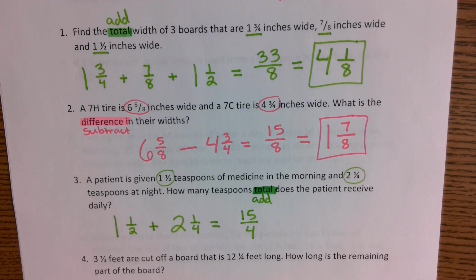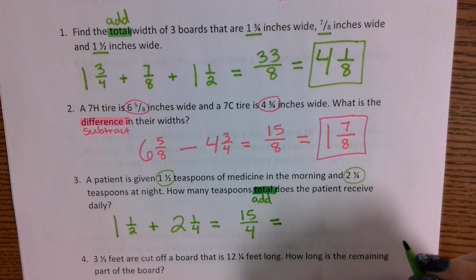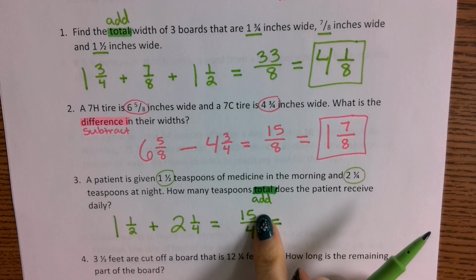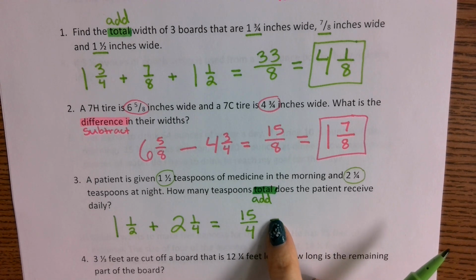All right, Asher, how many whole times can 4 go into 15? 4 times 5 is 20. It's okay, honey. It's okay. You want to know 4 times what is going to be less than the 15? Well, let's do it. What's 4 times 1?